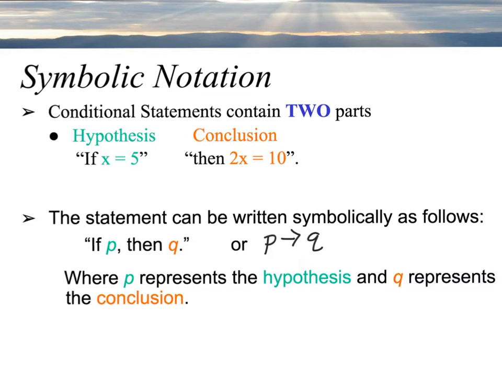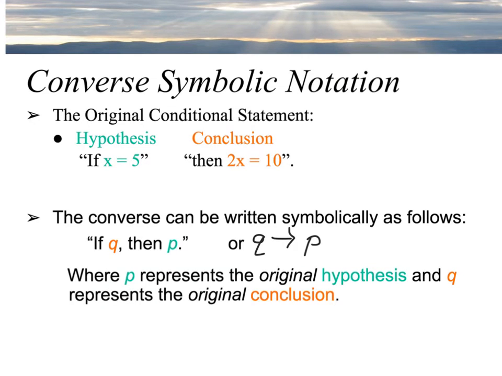Symbolically, using symbols, we can write that statement as if P then Q, or P and then an arrow to the letter Q, where P always represents the hypothesis and Q always represents the conclusion. Now, I didn't just make this up. This is a language that all mathematicians use when they're talking symbolically about conditional statements.